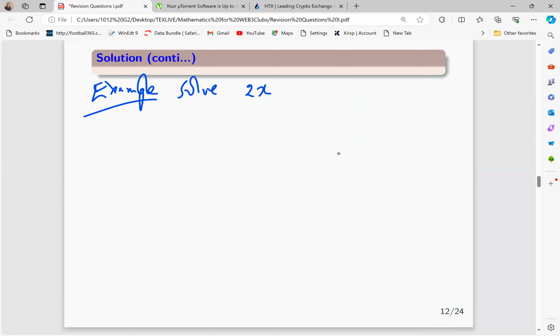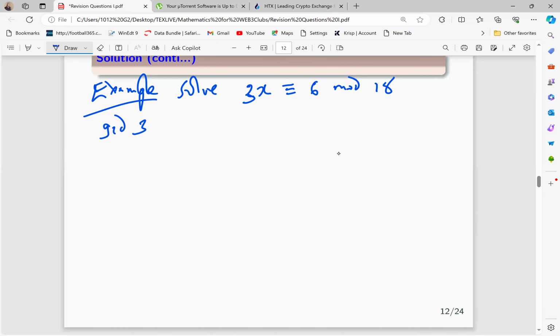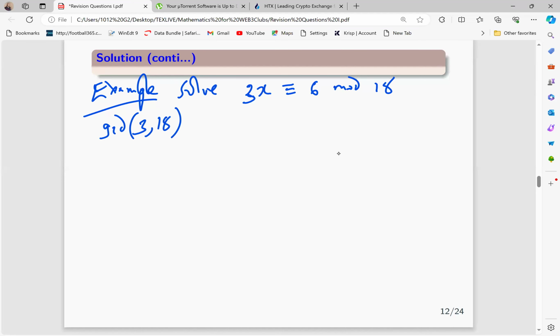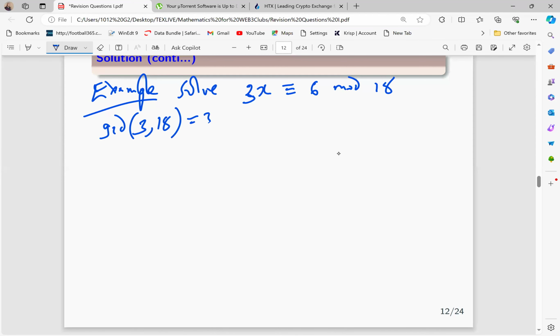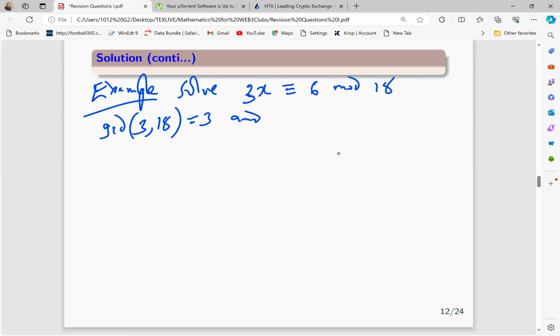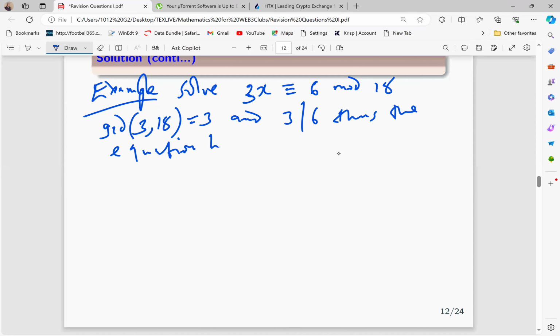Should I say 3? Let me say 3x. So I can see that the GCD of 18 and 3 is just 3. And the other thing I can see is that 3 can divide 6. Is that okay? Thus, the equation has how many solutions?